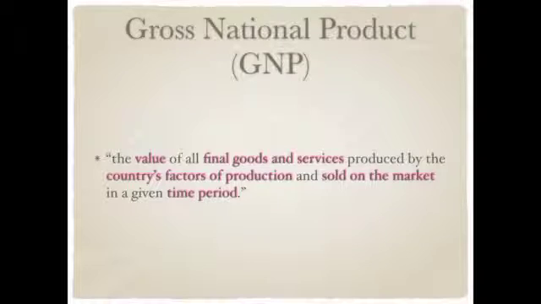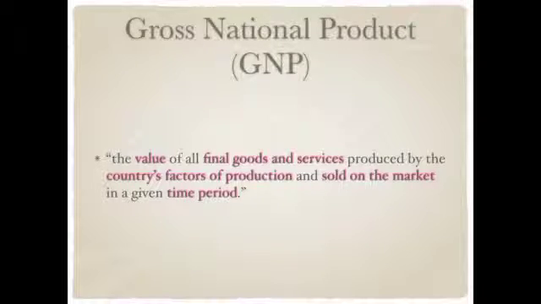Also, you can see there that final goods and services is highlighted. This is very important. None of the intermediary goods that a producer uses to make a particular product are included, because for example, if I buy a pizza, the costs that the pizza shop owner has buying wheat, cheese, tomato sauce, etc. Those transactions aren't included because those costs are already included in the final price.